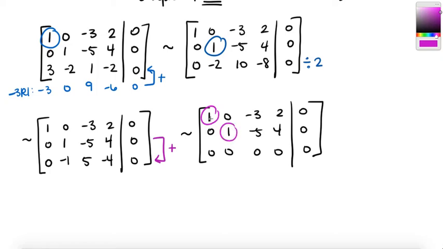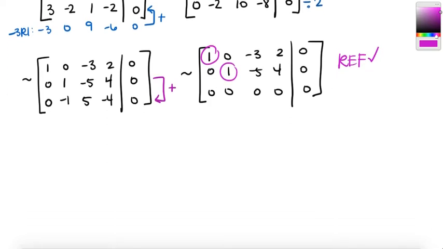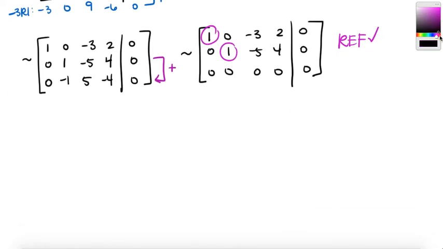Both of our pivots are 1s. They are the only non-zero entries in their columns. There's zeros otherwise. The row of zeros is at the bottom. So we are in reduced echelon form here. And now we want to use this matrix to write our solutions to find a basis for the null space. You want to write them in parametric vector form.